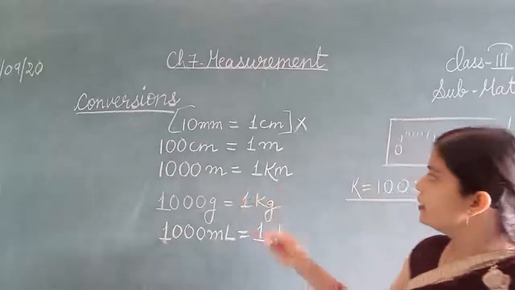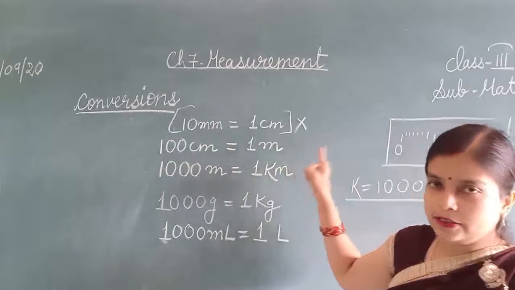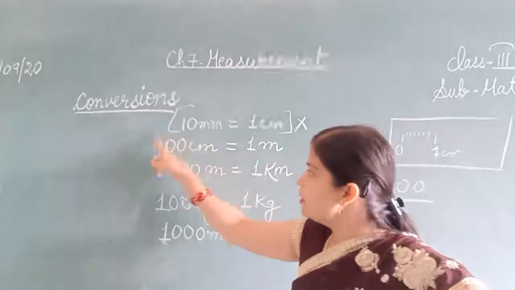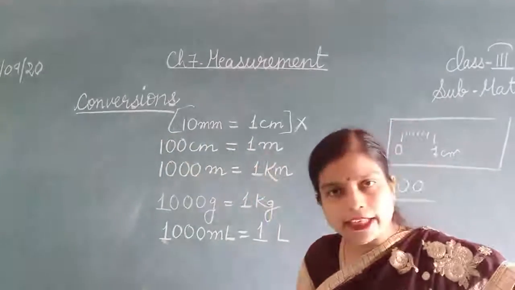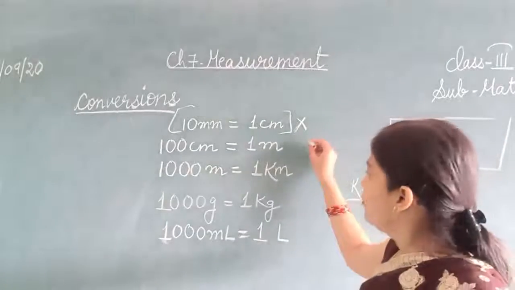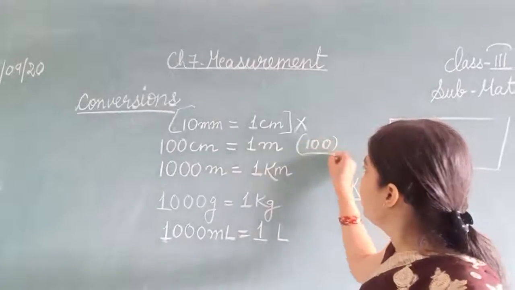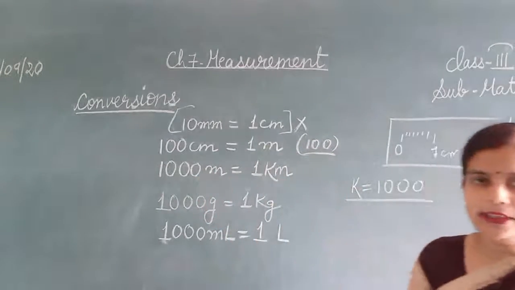If I have to convert meter into centimeter, I have to multiply by 100. And when I have to convert centimeter into meter, I have to divide by 100. So the factor here is 100. Either we will divide by 100 or we will multiply by 100.